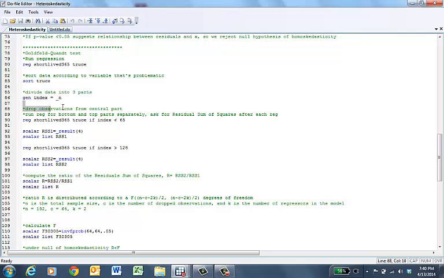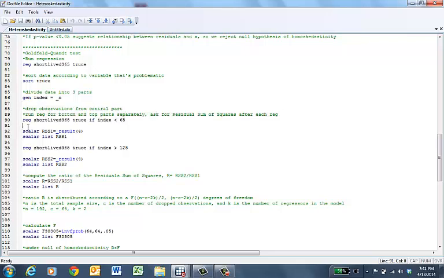Then we run our regression on just the bottom portion of the data. So when we divide our data into 3 parts, each part will have 64 observations. So we can pull just these bottom 64 by adding if index is less than 65 to our regression model.